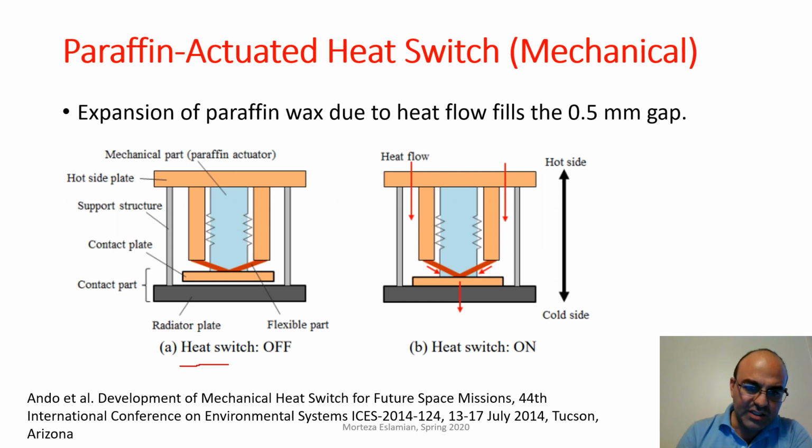We see the radiator plate at the bottom, and we have the hot plate on the top for both cases. When the heater is off, there is a gap between this contact plate and the radiator. So obviously heat can be transferred only by radiation between these two plates, not by conduction.